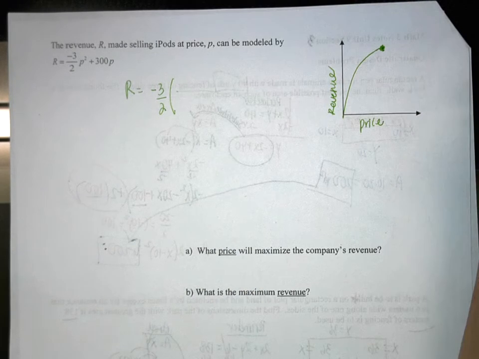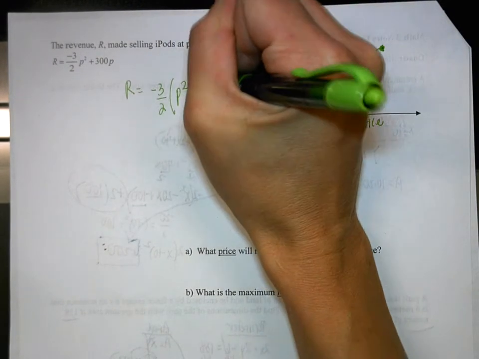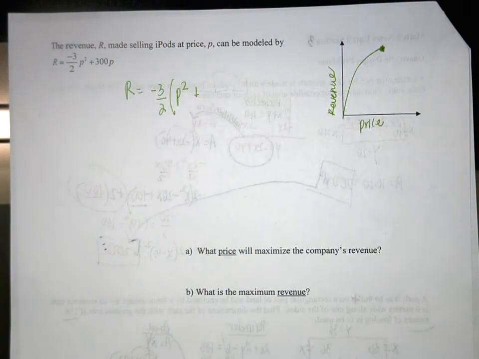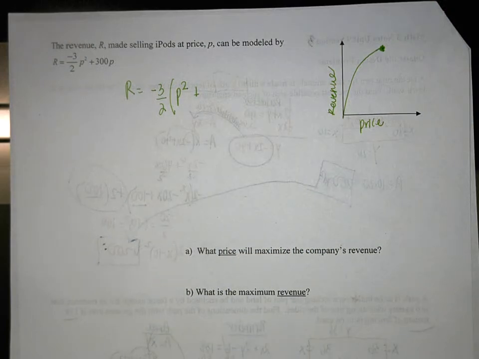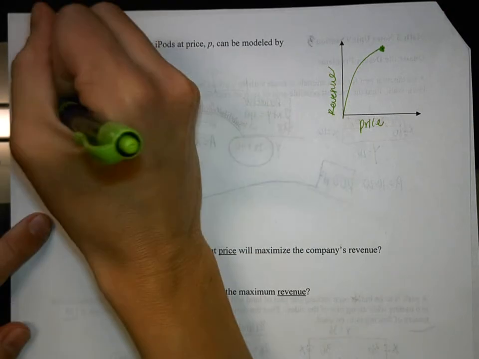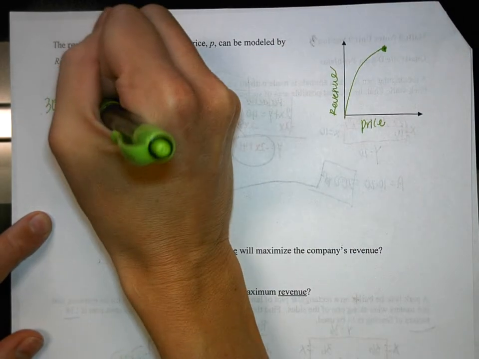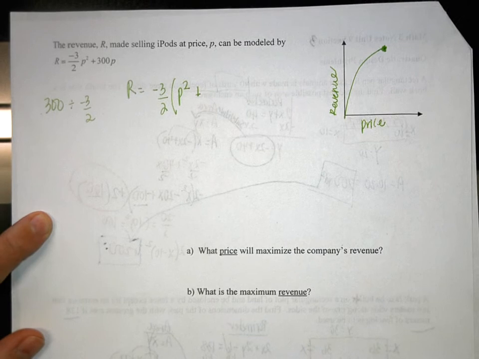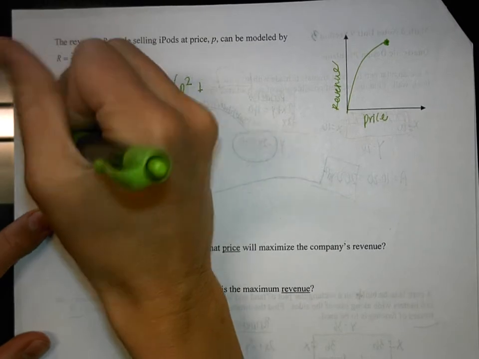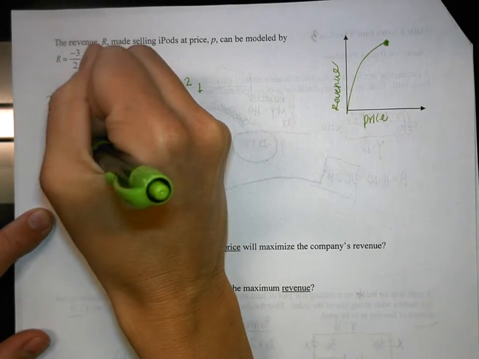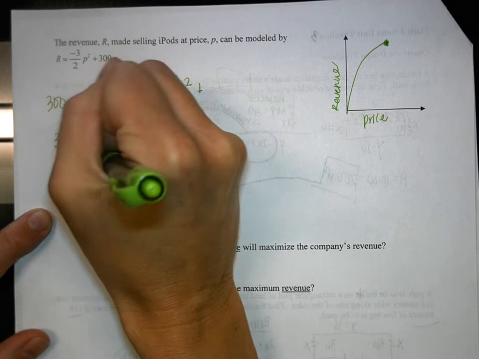When I do that, I get P squared plus, I have to divide 300 by negative 3 over 2, because when we're factoring out, we're dividing. If I write it like this, hopefully it'll make sense to you, but 300 divided by negative 3 over 2. What do I do to solve that? Good. We actually go 300 times negative 2/3.